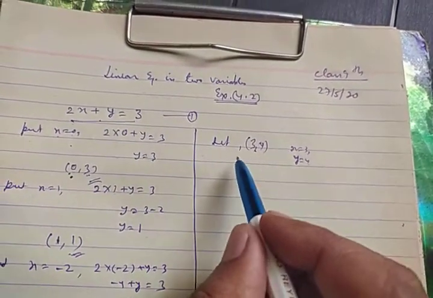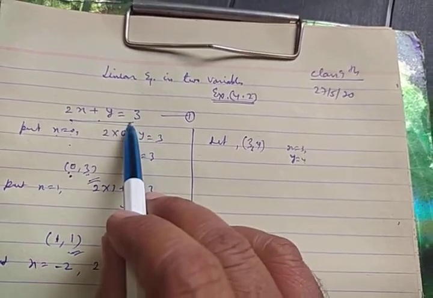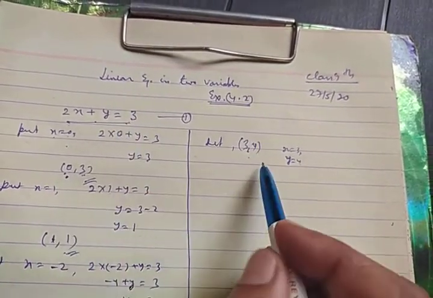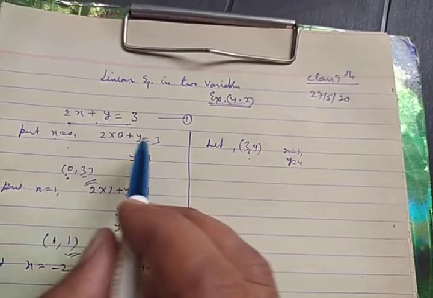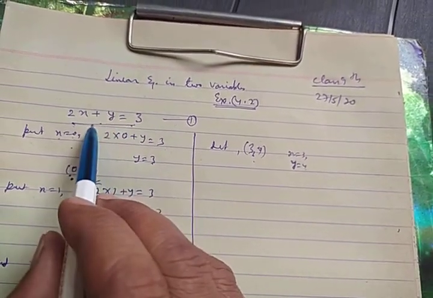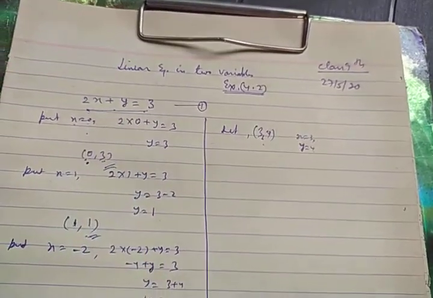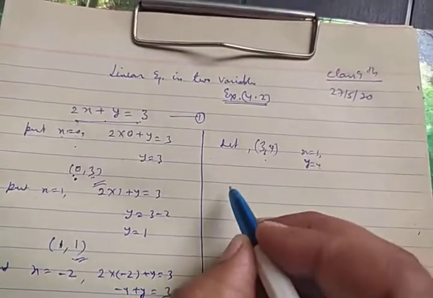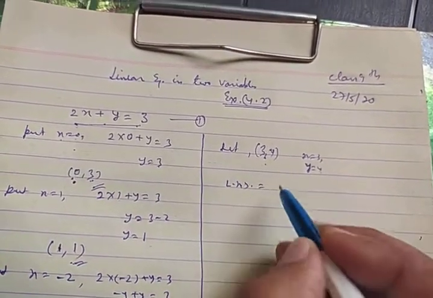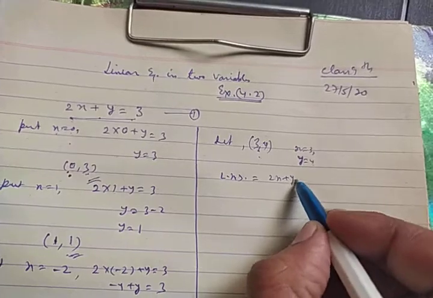If you want to check whether this point is the solution of this equation or this point lies on the equation, you will have to check whether it is satisfying. Satisfying means after substitution LHS and RHS both should be equal. LHS is 2x plus y.